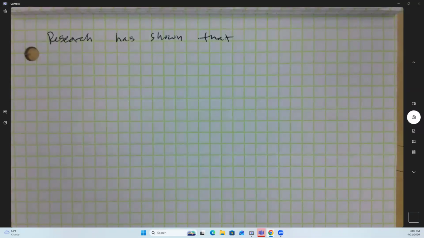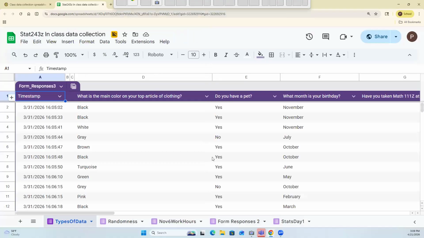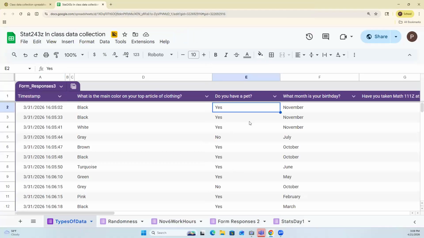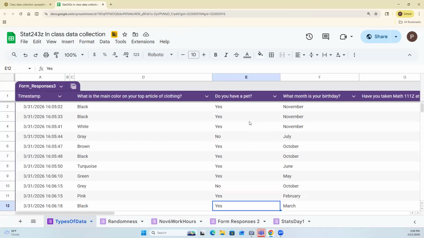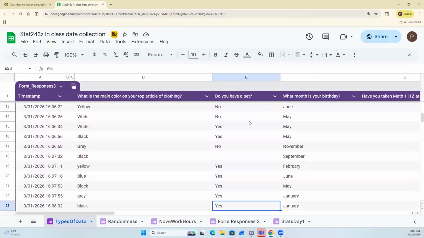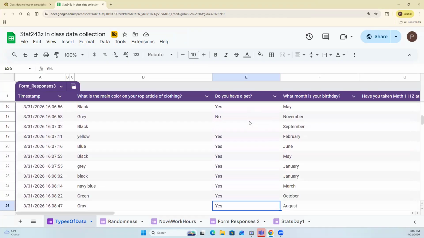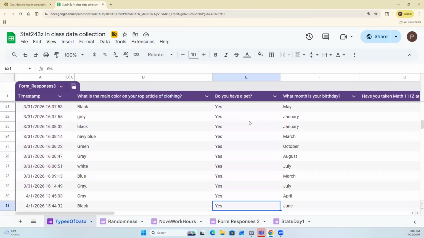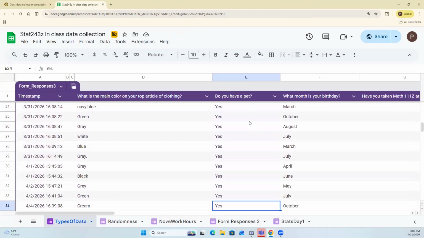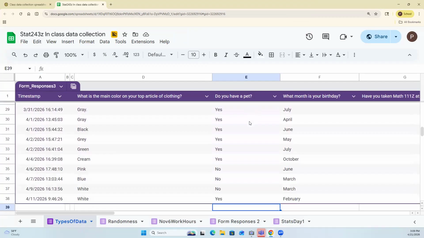All right, so here's our class data collection spreadsheet. 1, 2, 3, 4, 5, 6, 7, 8, 9, 10, 11, 12, 13, 14, 15, 16, 17, 18, 19, 20, 21, 22, 23, 24, 25, 26, 27, 28.